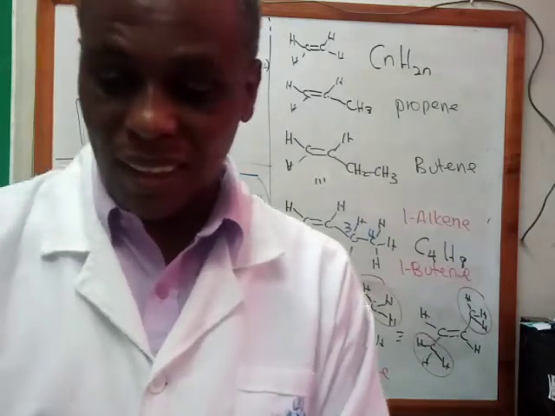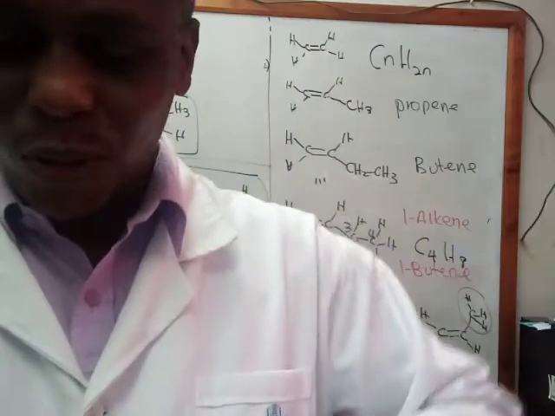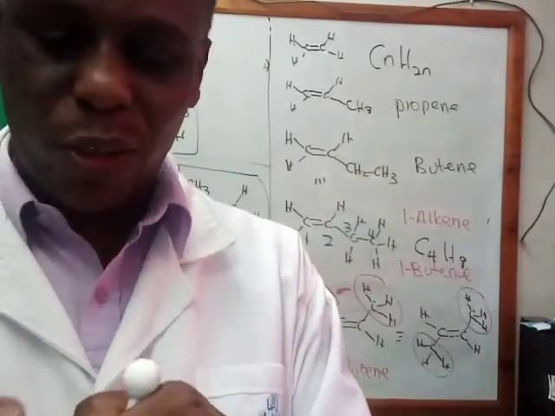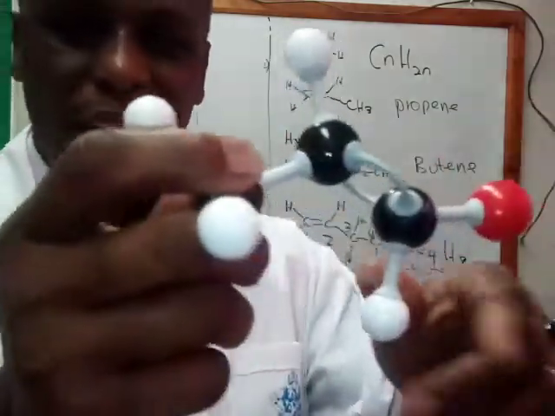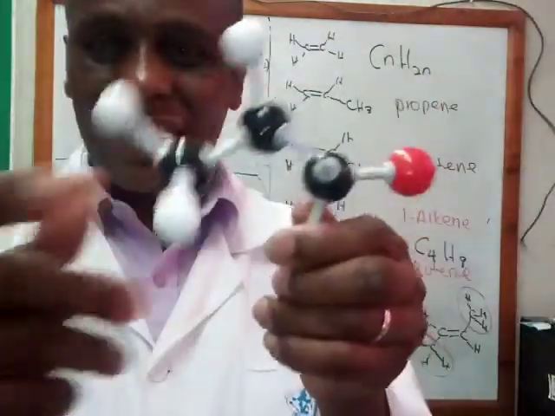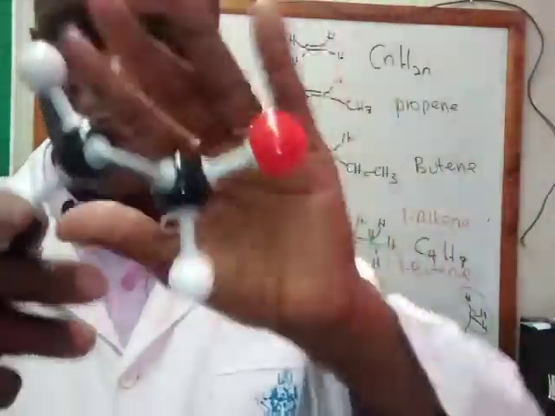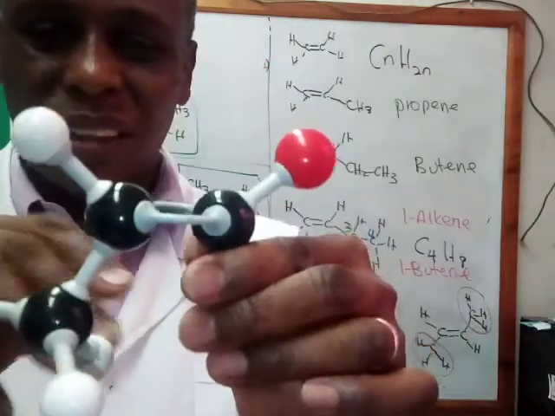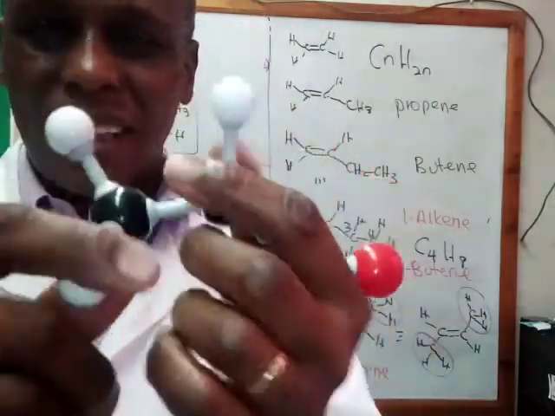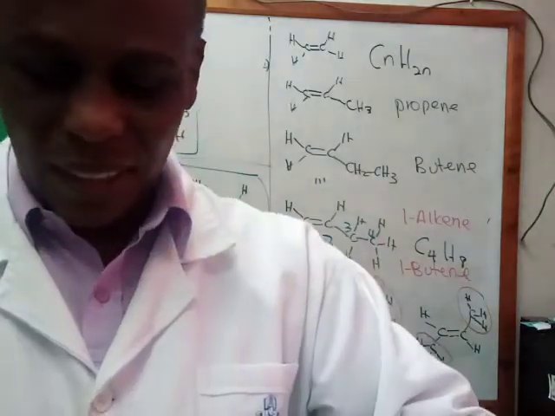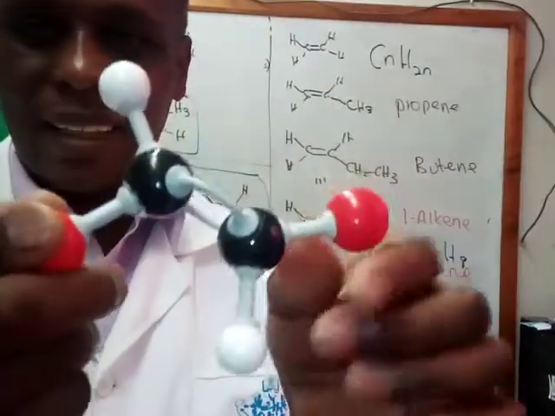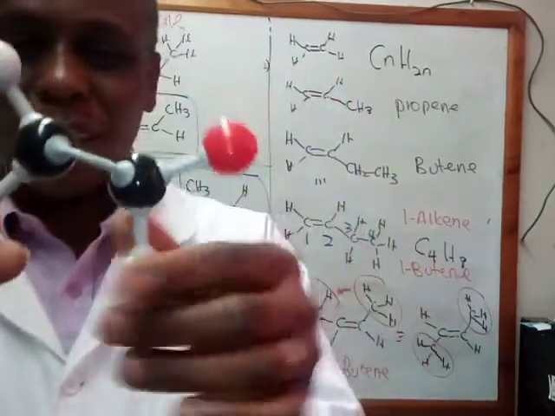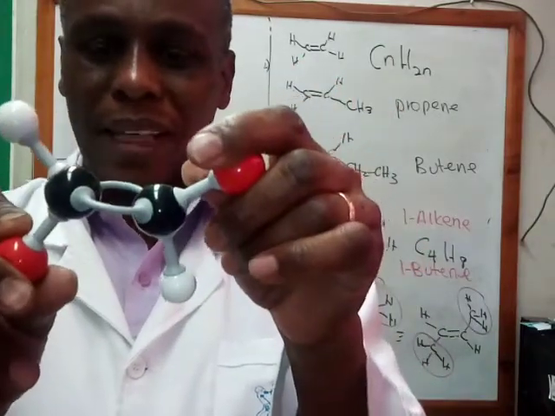I can put something like a methyl group here and attach another one there. The structure is going to look a little bit complicated, but what I want you to focus on is around this area. So just assume this complex methyl group is just a simple red ball, yeah? This is a methyl group, this is a methyl group.